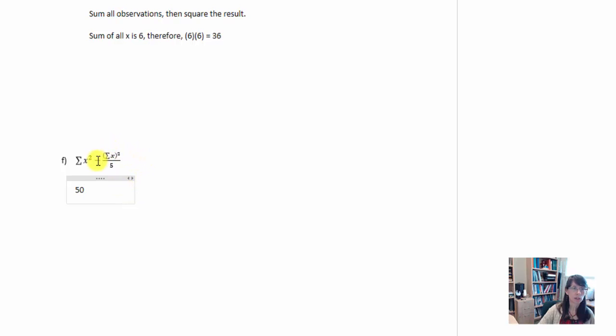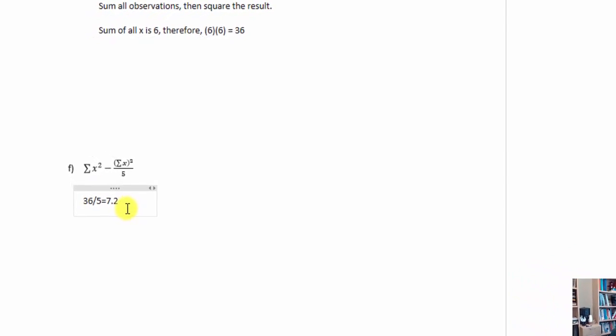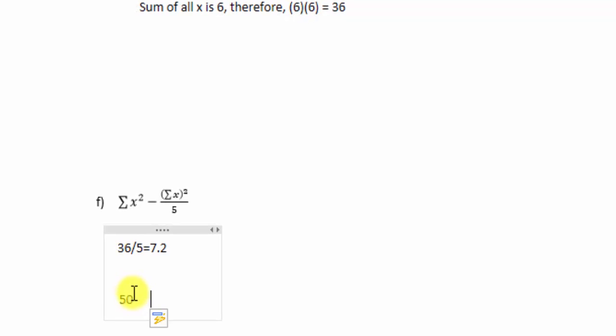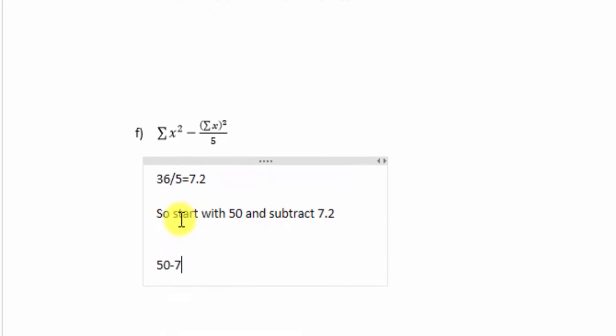So we know that we are subtracting a fraction that is 36 divided by 5. So I'm going to start with 36 divided by 5, and that is 7.2. And all we have to do is subtract 7.2. So we now know that we can start with 50 and subtract 7.2. 50 minus 7.2 is equal to 42.8, and that is our final answer.